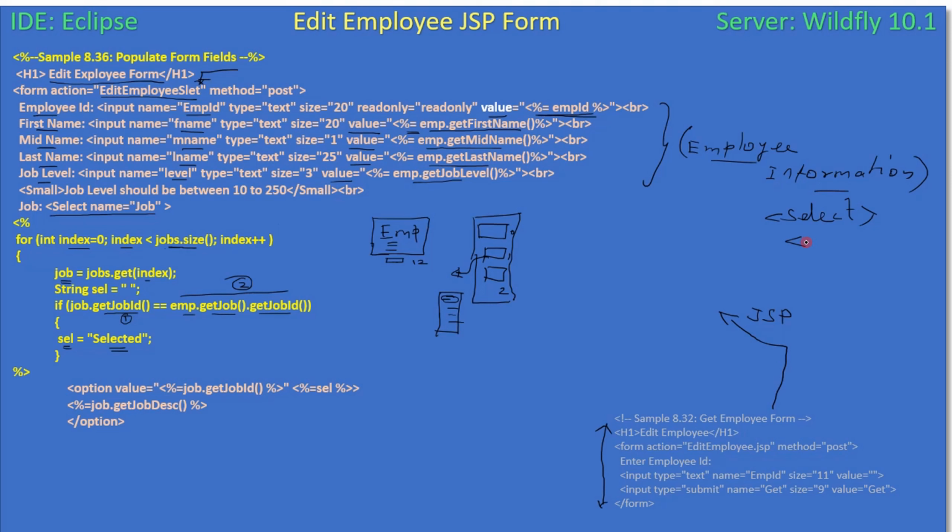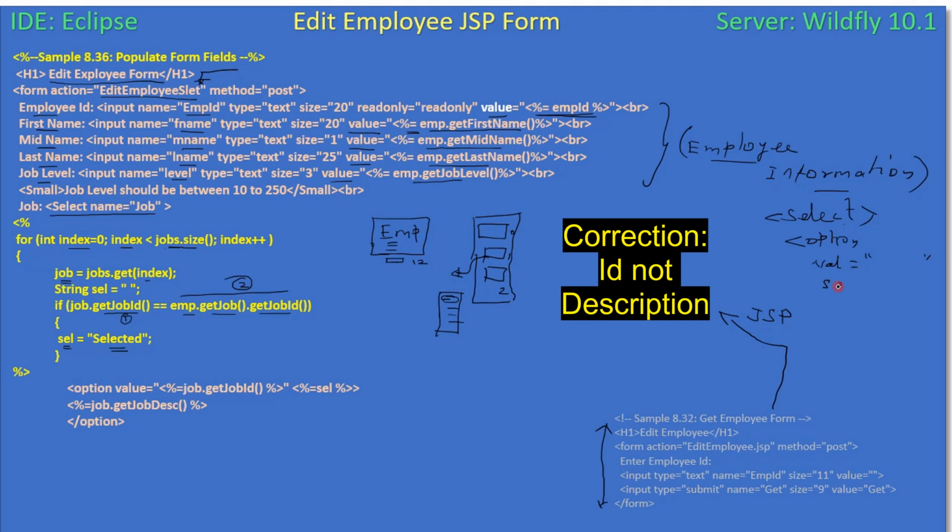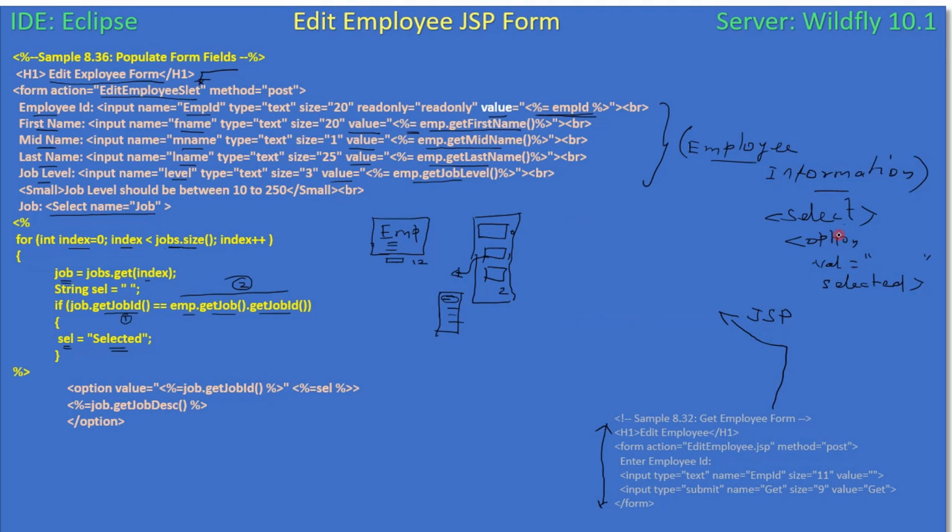Select, then comes option, and option value you can provide, then the description. Then if you mark it as selected, that specific option by default gets selected in the combo box. So that's what we are doing here.